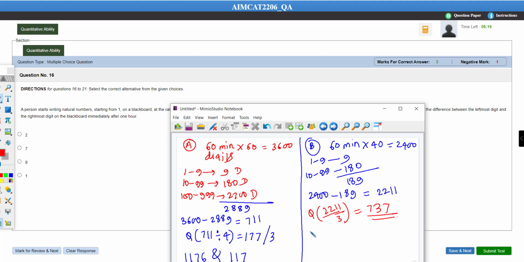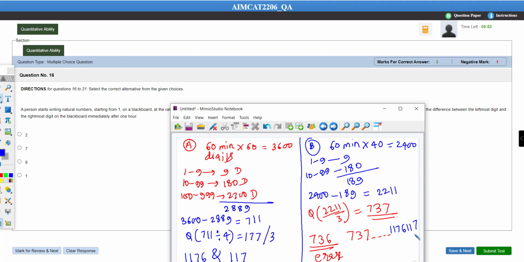Starting from 100, the 737th number is 836, he will erase. The next is 837, and so on, and the last one is 1176, then 117.